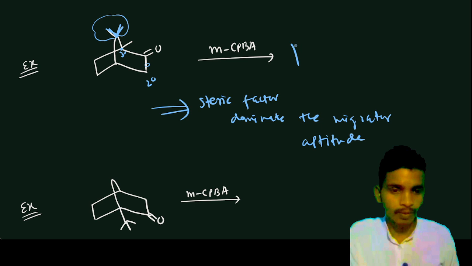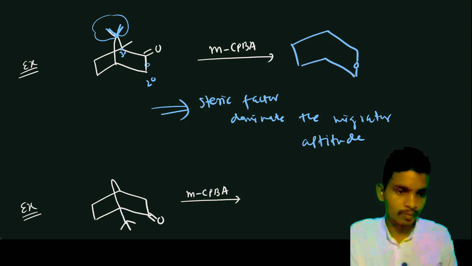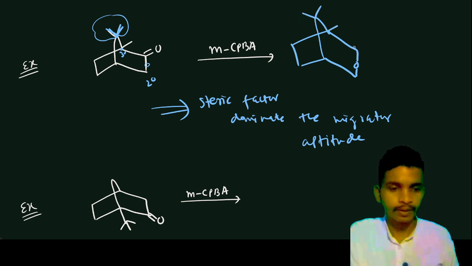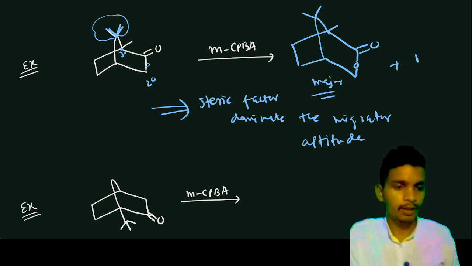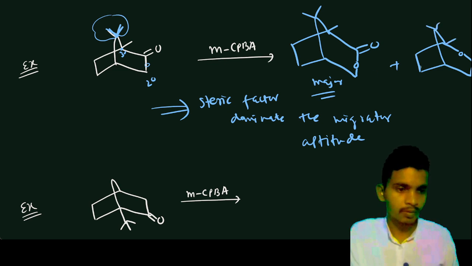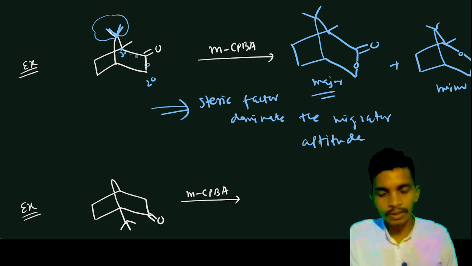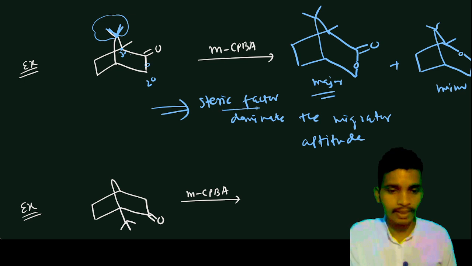Okay, it means that if this is highly sterically hindered, then O will be added to the 2-degree instead of the 3-degree. This is going to be the major product, and this is going to be the minor product. Although this is 3-degree, here steric hindrance is there and the steric factor dominates now.